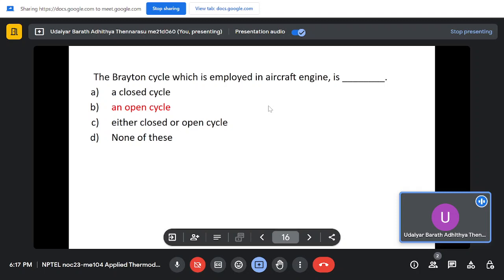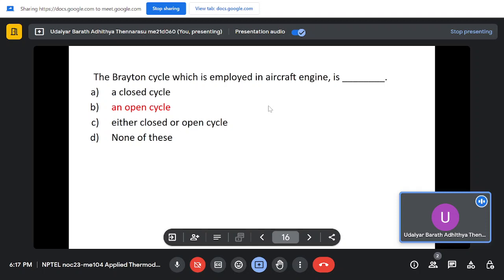What happens in an engine is, you would have seen in an aeroplane, you have the engine placed in your wings. Initially you have a compressor which will draw in air, compress it, and you put it into the combustion chamber, where fuel is injected and combusted.